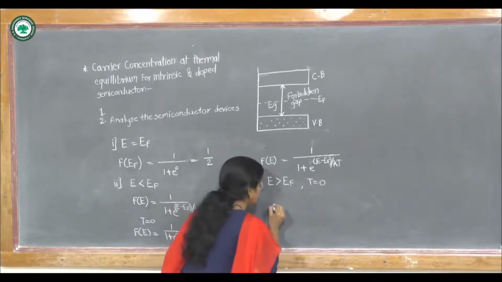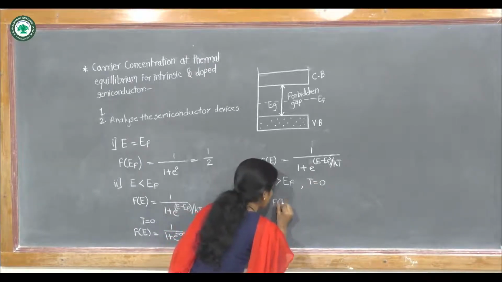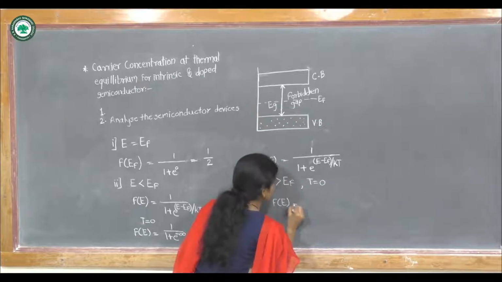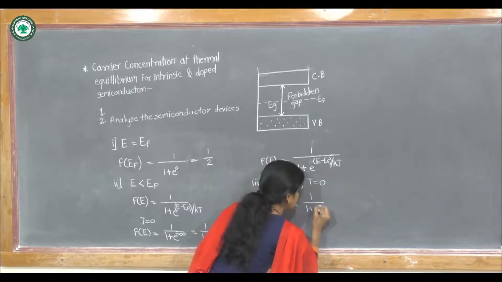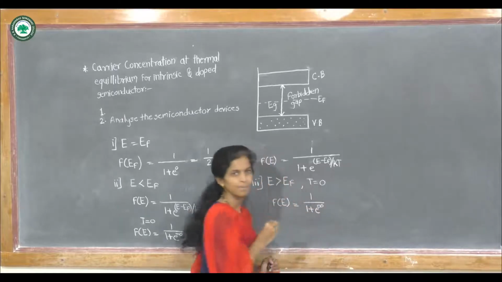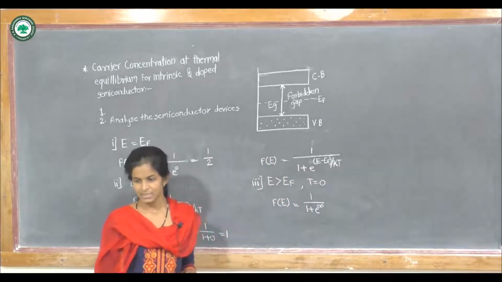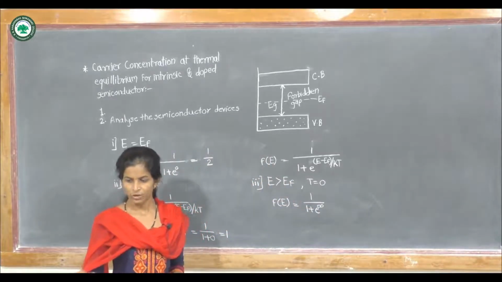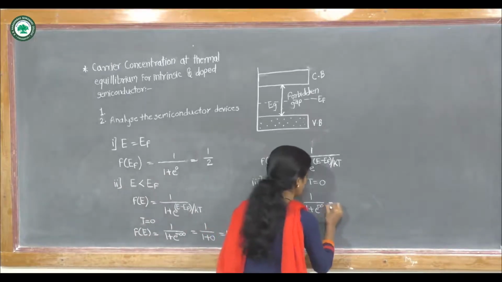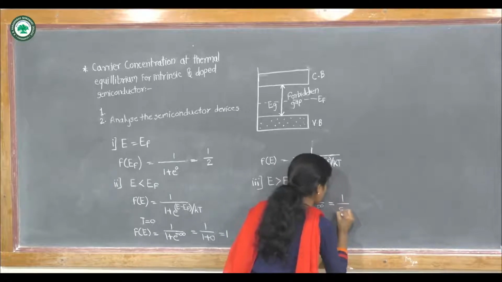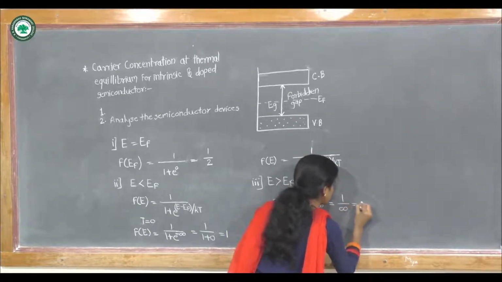So we get f of E equal to 1 upon 1 plus e raised to infinity, and as the value of 1 plus e raised to infinity is infinity, we get 1 upon infinity, which is equal to 0.